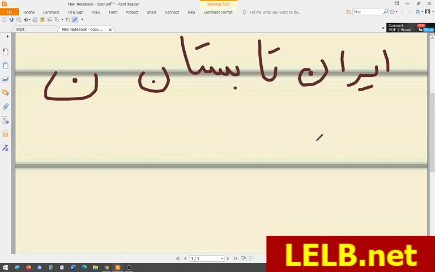But the sound of V or Vav in Farsi is not bilabial, but it is labial dental. It means that it is articulated with the help of the touch of the lower lip against the upper teeth. So it is labial dental. So it's not W, but it is V.